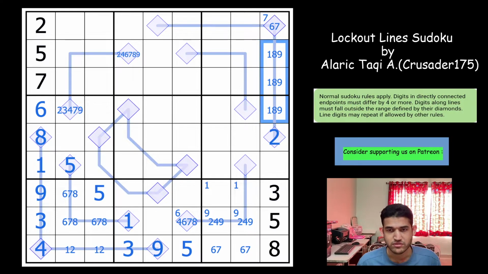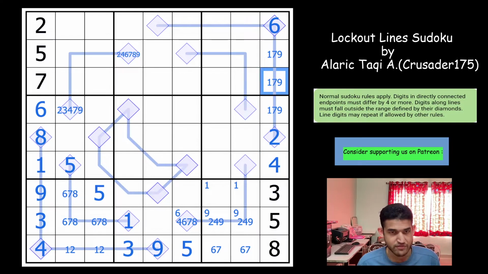So 1, 8 and 9 is not possible. You already have an 8 here, which means this has to be a 6. And now the only possible way to successfully finish that is by putting 1, 7 and 9. Excellent, guys. A really nice way. That gives 4 here, completes the column.